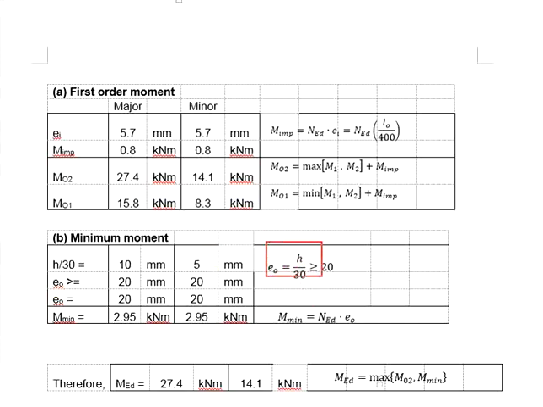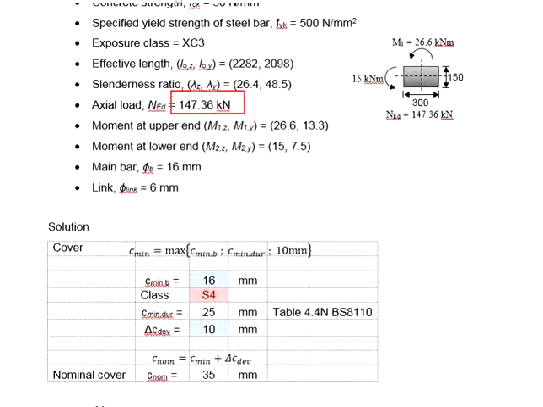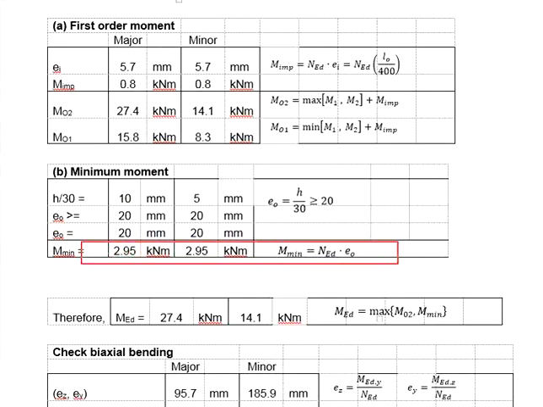The E0 should at least be 20. That means we should take E0 equals to 20, since the calculated value is less than 20. Multiply E0 with the NED, which is 147.36 kN. You will have your M-mean equals to 2.95.